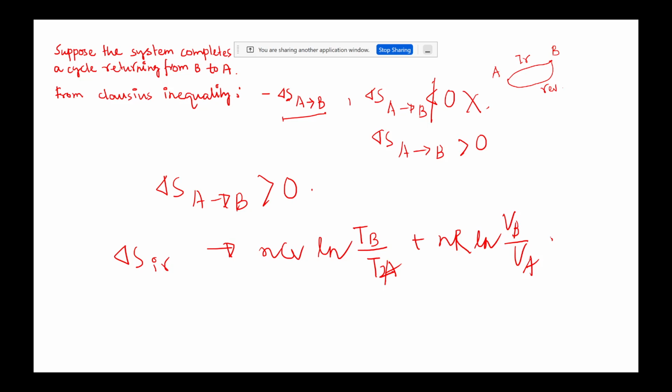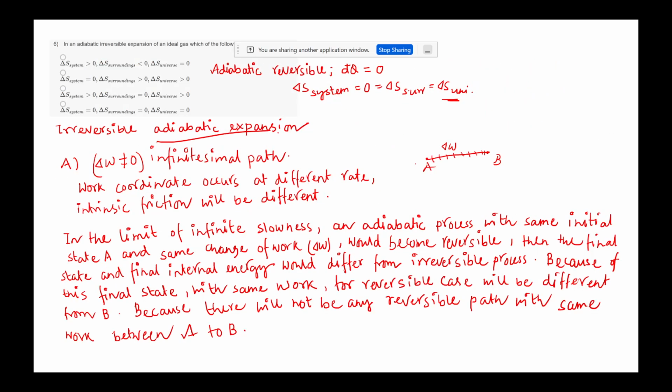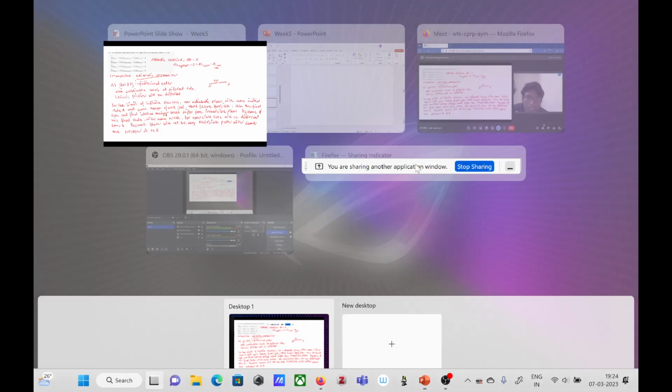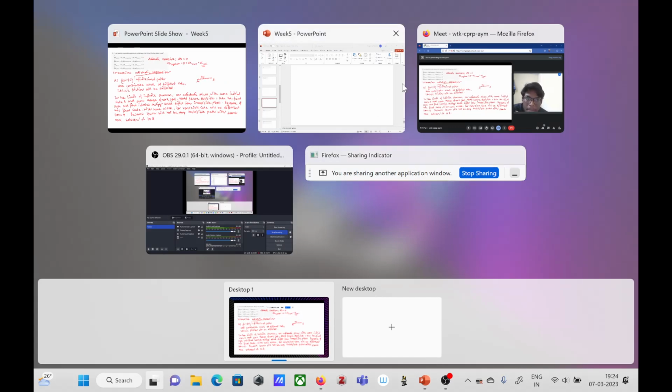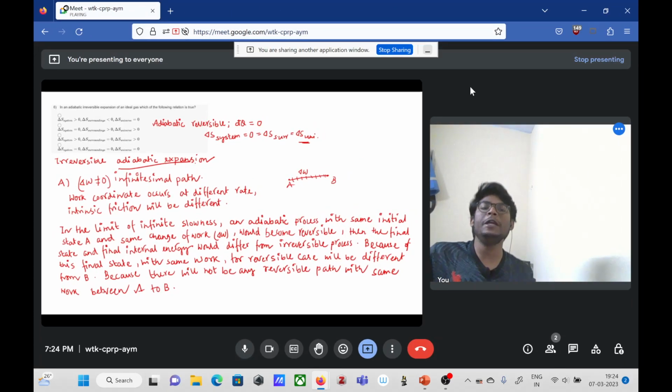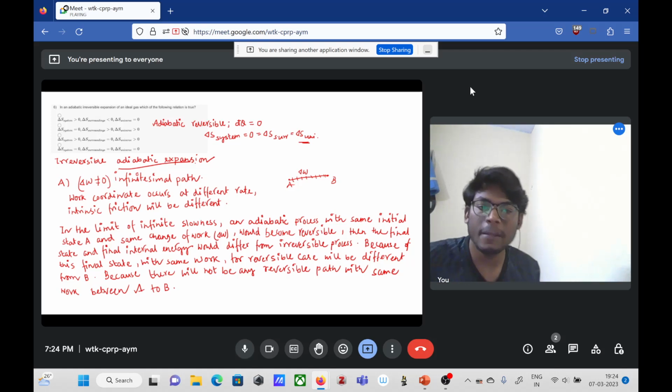So since this cannot be positive, this whole thing cannot be negative. So this is the whole picture. This is quite complicated. I hope it is clear.